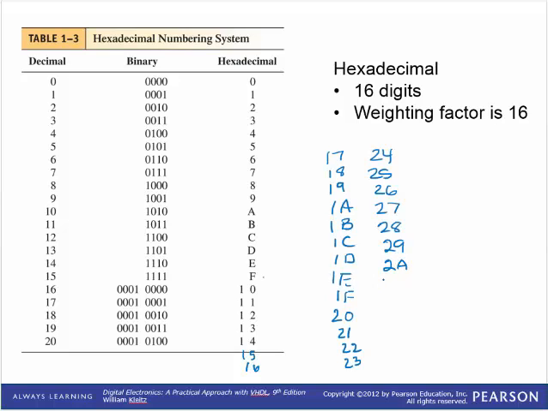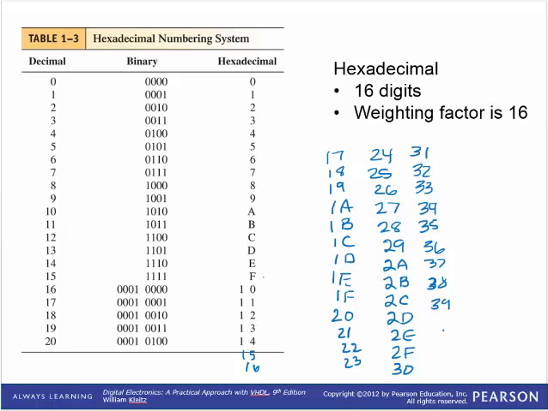It's 2, A, 2, B, 2, C, 2, D, 2, E, 2, F. Then 3, 0. 3, 1, 3, 2, 3, 3, 3, 4, 3, 5, 3, 6, 3, 7, 3, 8, 3, 9, 3A, 3B, 3C, 3D, 3E, 3F. Then it's 4, 0, etc.